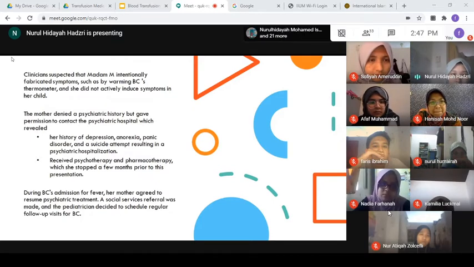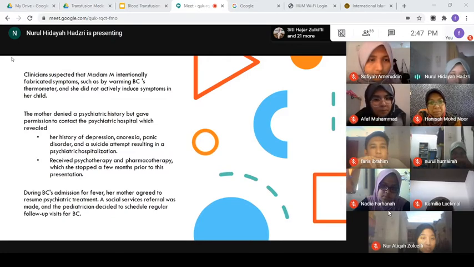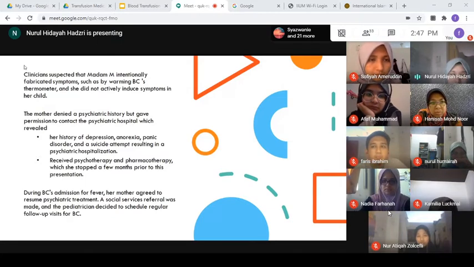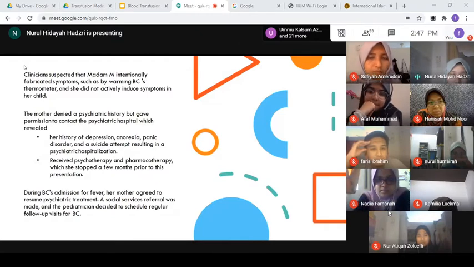The mother had also received psychotherapy and pharmacotherapy, which stopped a few months prior to this presentation. During BC's admission for fever, her mother agreed to resume psychiatric treatment and was referred to social service, and the pediatrician decided to follow up her child regularly.